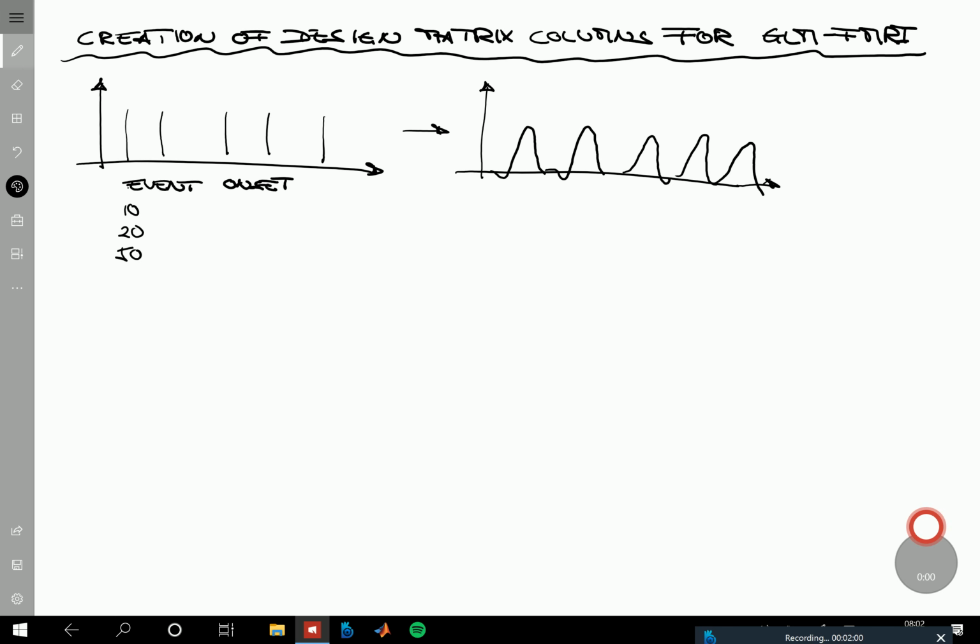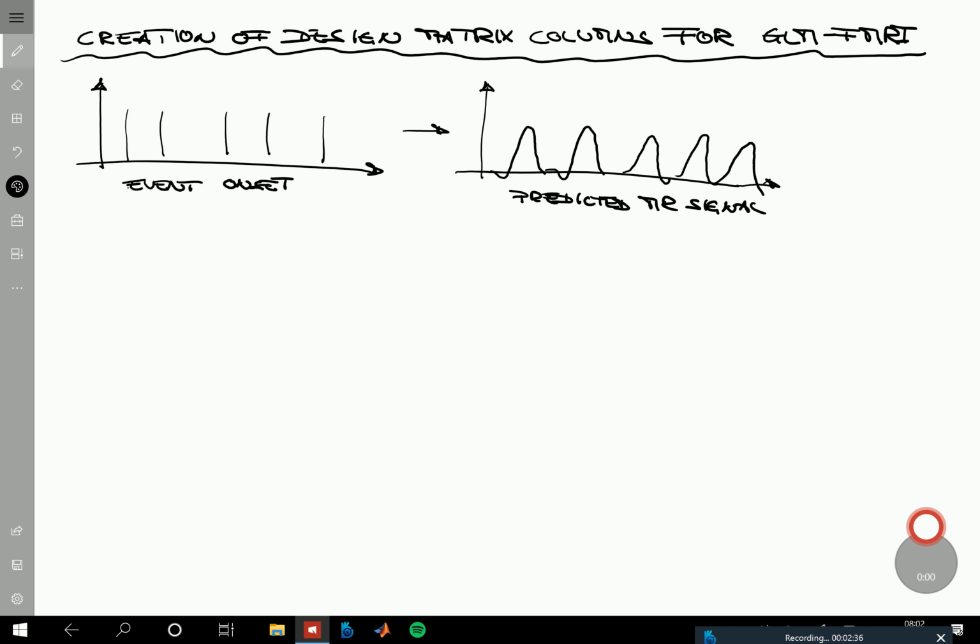Then you click create design or whatever, you click run, and then SPM and any fMRI data analysis software will do this convolution step, replacing event onsets by a predicted MR signal time series.